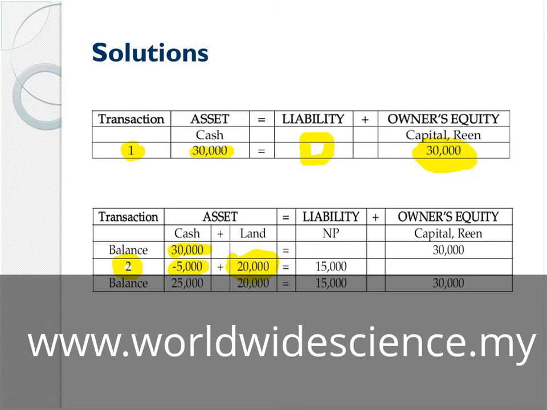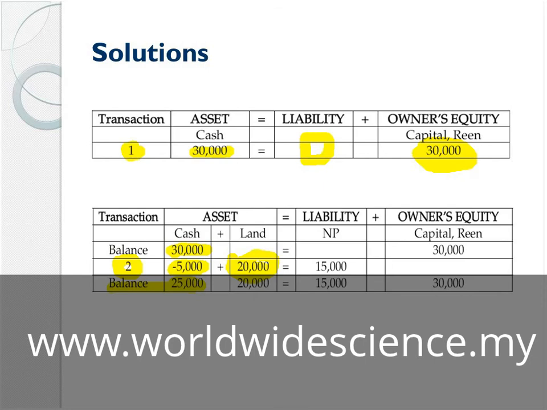Before we had the 30,000. Now we paid 5,000 from 30,000. It means 30 minus 5, the balance will be 25,000. And the land which we purchased, 20,000, remains.